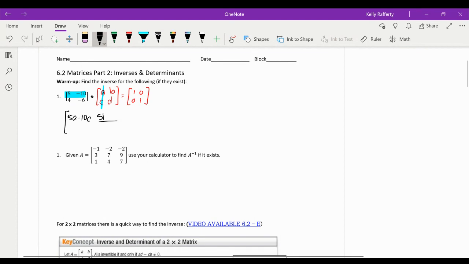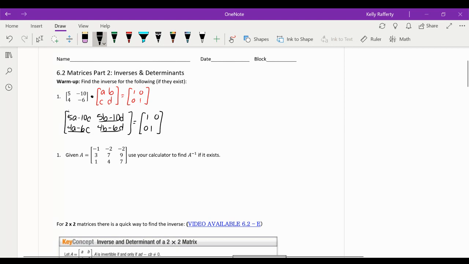So we would get 5b minus 10d starting off. And then we could go through and do the same things to get the second row here. So I would have 4a minus 6c using the second row and first column, and for the second row, second column, 4b minus 6d.